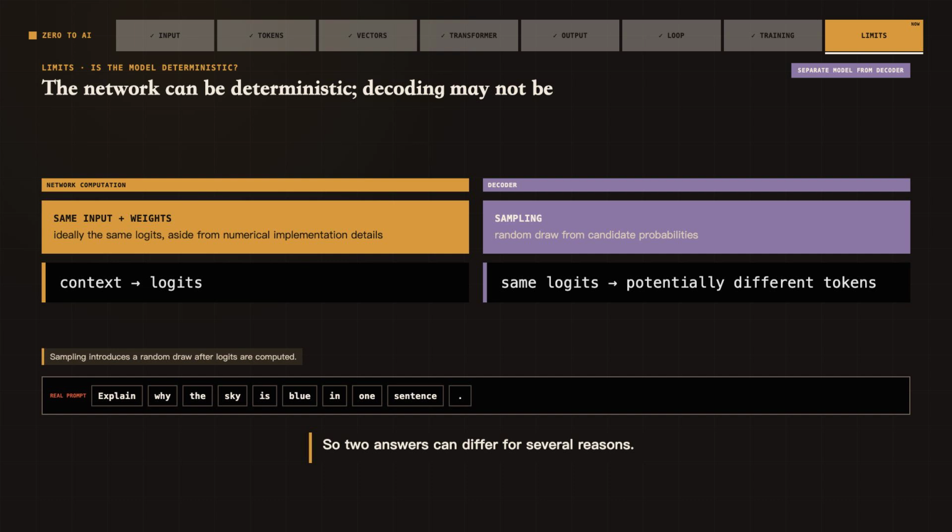So 2 answers can differ for several reasons. "The model is random" is too vague. The model computes a distribution. The decoder may sample from it. The surrounding product may also change the actual input or rules.